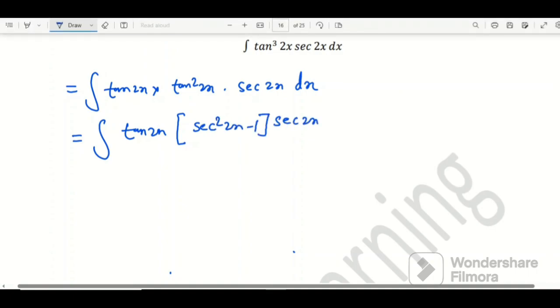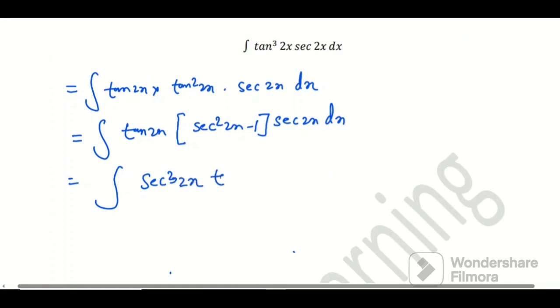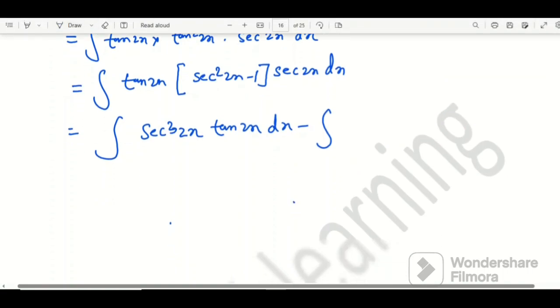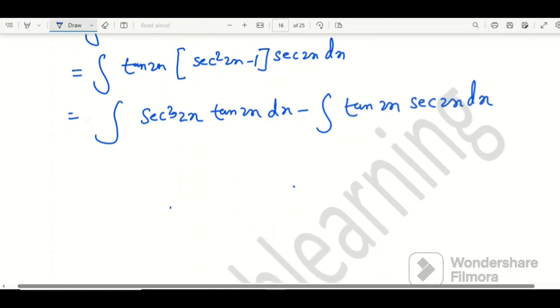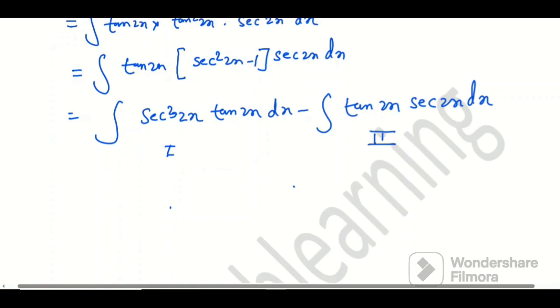So this will be sec 2x into dx equal to, now we can write sec square 2x, it is sec cube actually, tan 2x dx minus, I'm separating also, tan 2x into sec 2x dx. Here we'll be using substitution method for this first part, and the second part we can easily integrate because the differentiation of sec x is sec x into tan x.